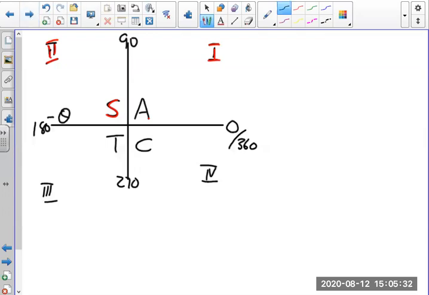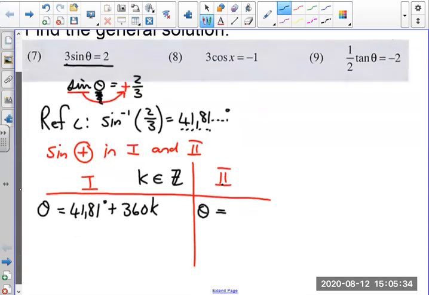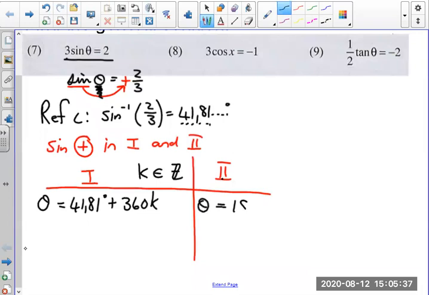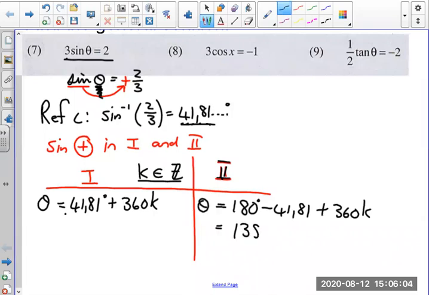So for the second quadrant, the angle is equal to 180 minus the reference angle, which is 41,81, and for the general solution, you also add 360k, where k is an element of Z. Now the left-hand side is finished, and I just subtract there, and I get 138,19 plus 360k.